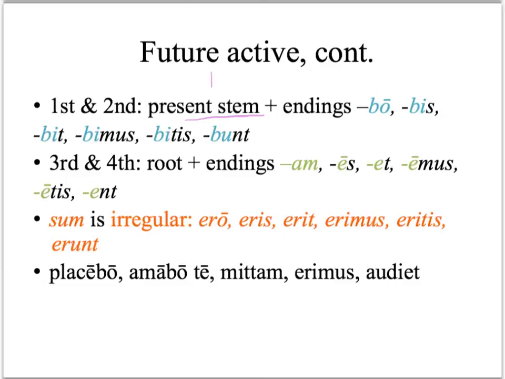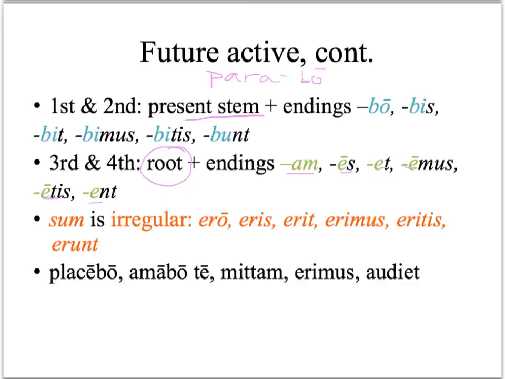So if I take the verb paro, present stem para: bo, bis, bit, bimus, bitis, bunt. I will prepare. Third and fourth conjugation, for the most part, you're going to be taking the root plus the endings am, es, et, emus, etis, ent, where you can see the "ham and 5 eggs," the a, e.